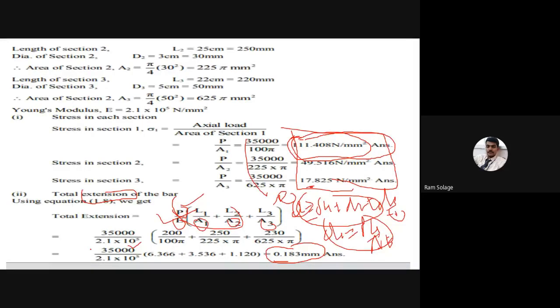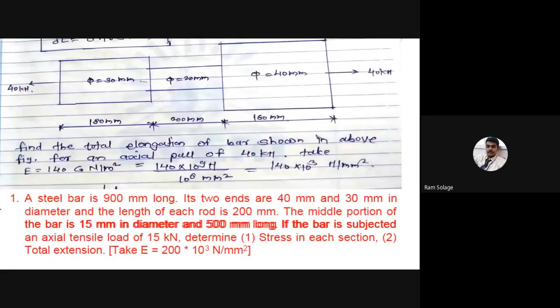Now write down problem number 2. Diagram is given. This is problem number 2. Draw the diagram. 3 sections are given. 40 kilonewton load is applied axially on the body. Section 1, section 2, and section 3 are given.